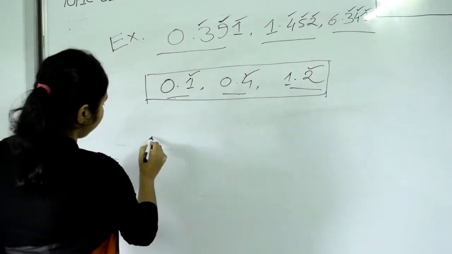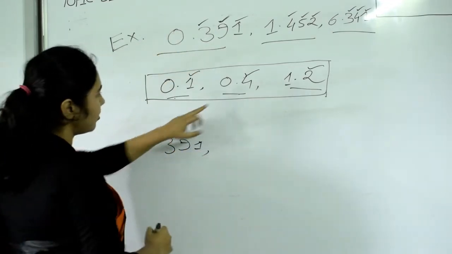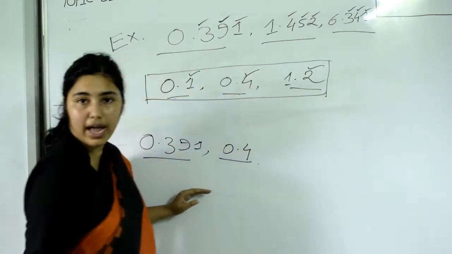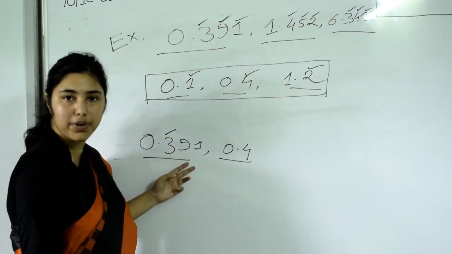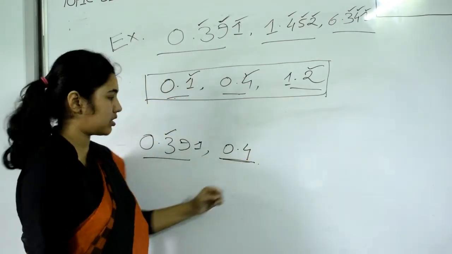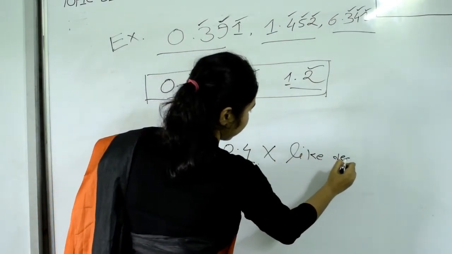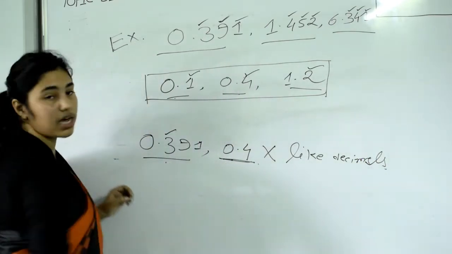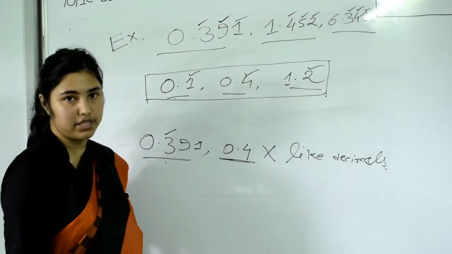But if we consider this number and 0.4, then these two numbers are not like decimals, because in this number we have three decimal places, but in this number we have only one decimal place. So these two numbers are not like decimals. This type of decimal numbers are called unlike decimals.